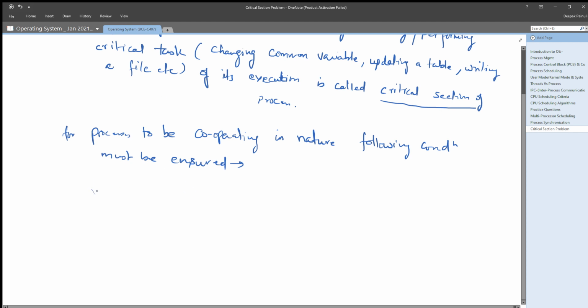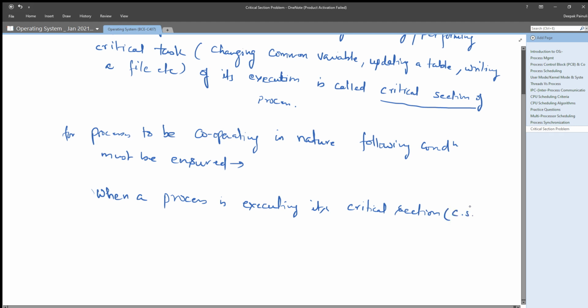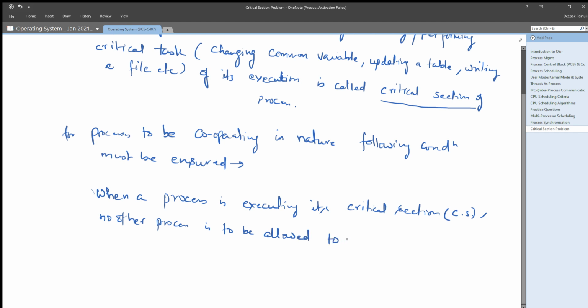Or in other words, we can say when a process is executing its critical section, or in short CS, no other process is to be allowed to execute its critical section.